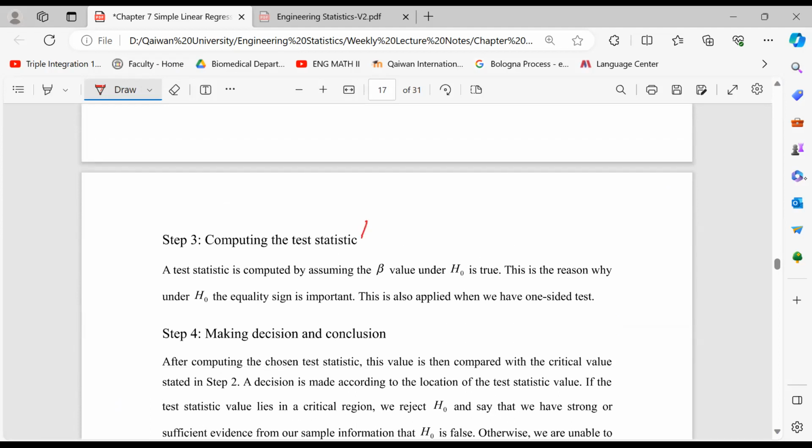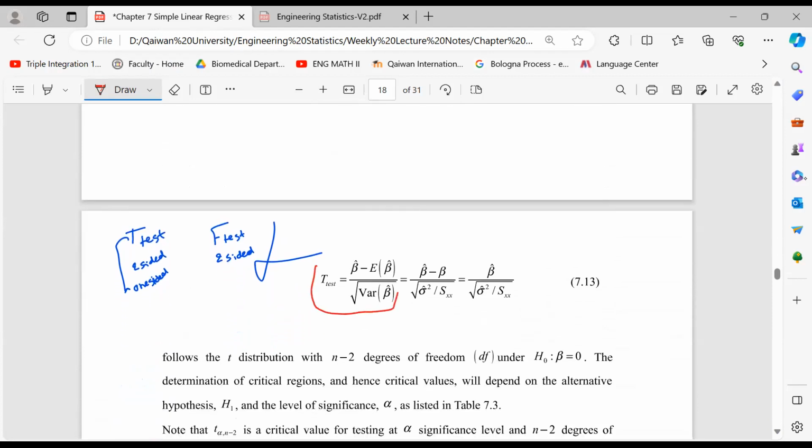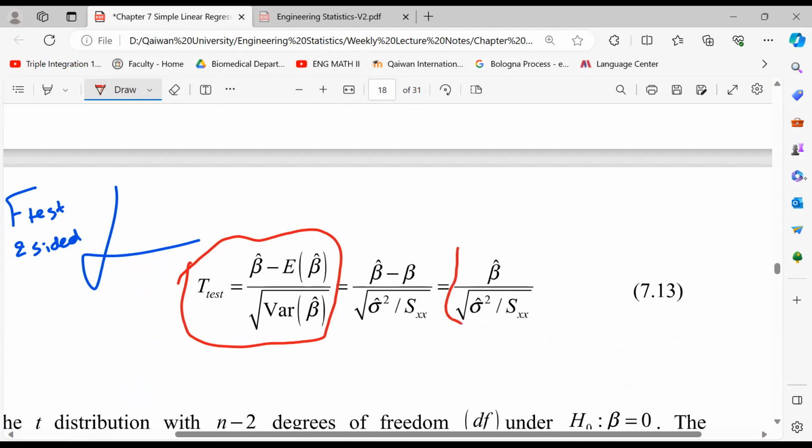Now we compute the test statistic. This is the test statistic. It depends on the expectation, variance, and beta hat. It is beta hat divided by the square root of variance over s sub x x.